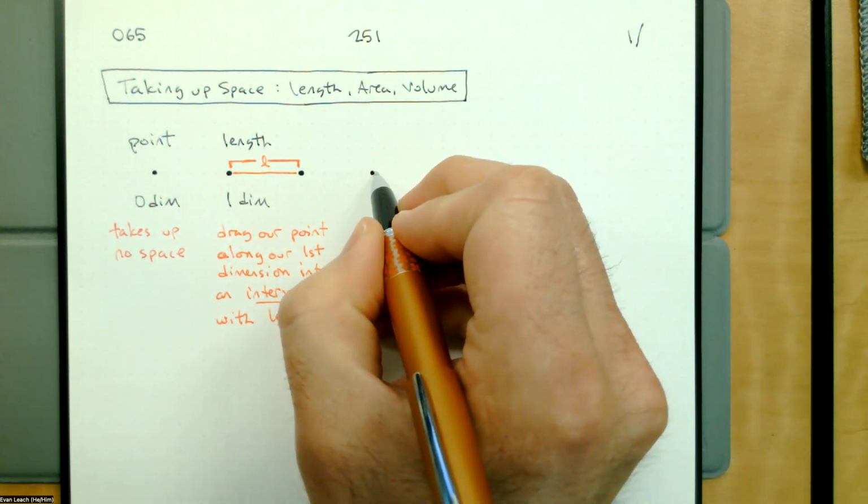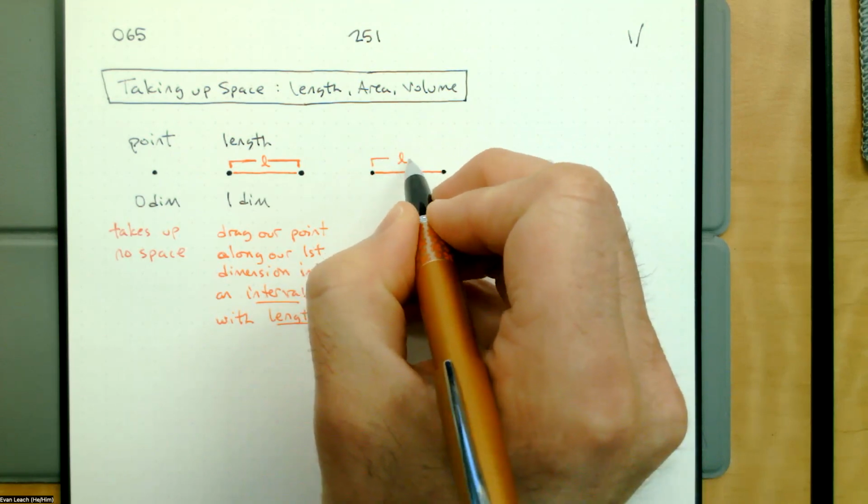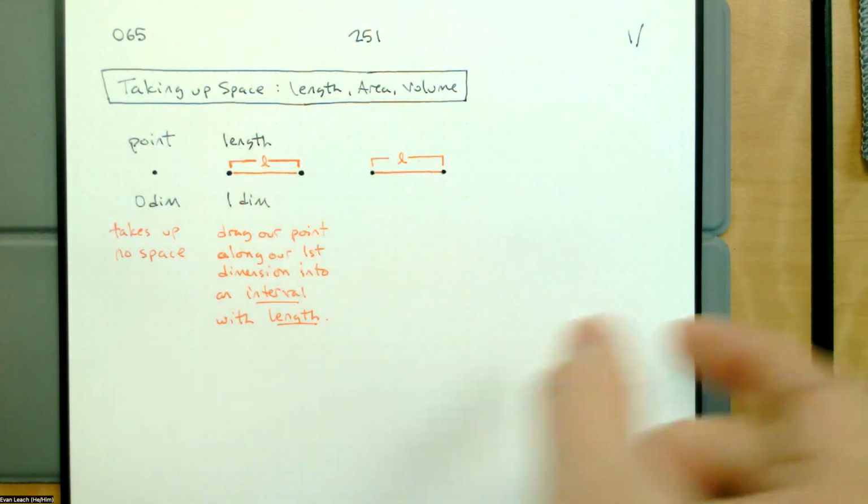I'm going to take this interval with its length and drag it through a second dimension. Our first dimension is left, right. Our second dimension is up and down. I'm kind of jammed at the top of the paper, so I'm going to pull it down.